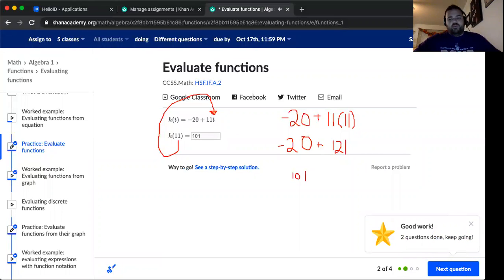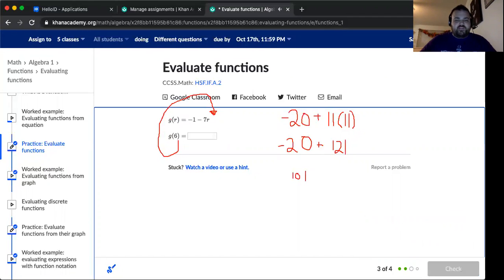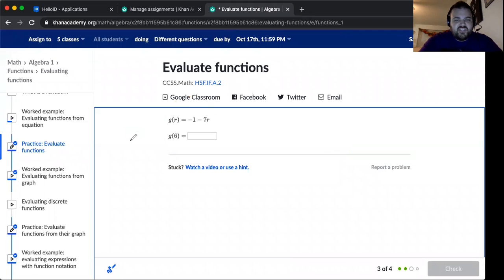I'll do one more for you guys, and then I think that's probably pretty self-explanatory from there as far as this particular skill in Khan Academy. Here we go. We got ourselves the g function. G of r equals negative 1 minus 7r. And we're being asked to evaluate g of 6. We're going to take 6 as the input, substitute it in place of r.